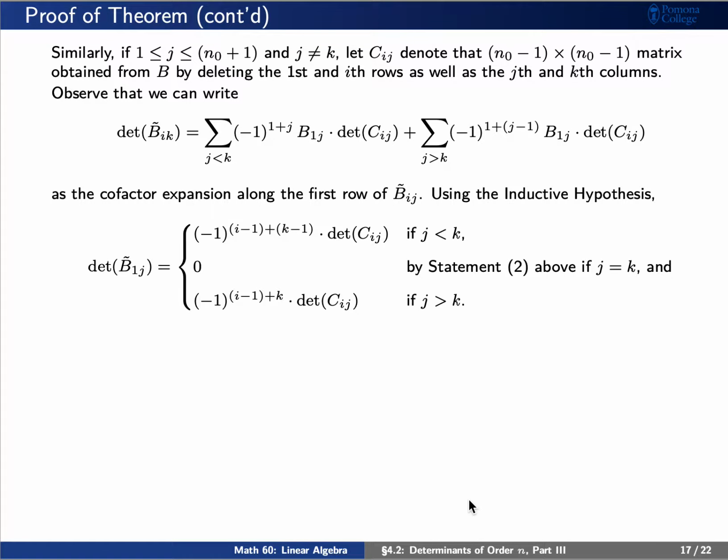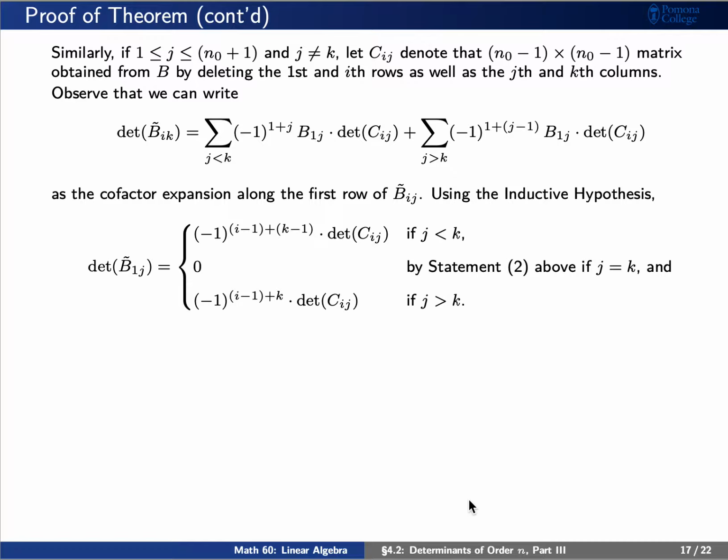Now, using the inductive hypothesis, we can see that C_ij is obtained from B_1j tilde by deleting a row and a column. But remember that we actually do know that there is a standard basis vector in B_1j tilde. We can just look at the formulas that we had before. Well, if i is less than k, remember that we had the standard basis vector e_k inside of row i minus 1.